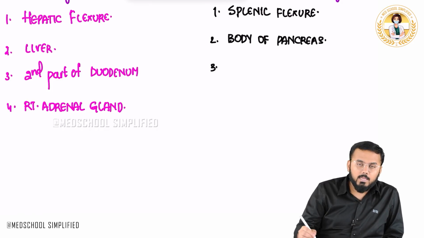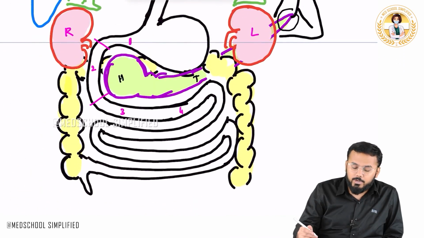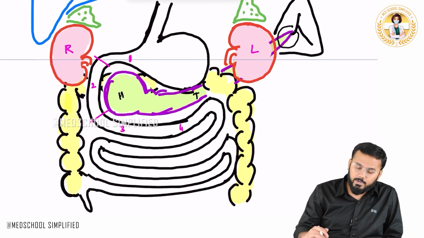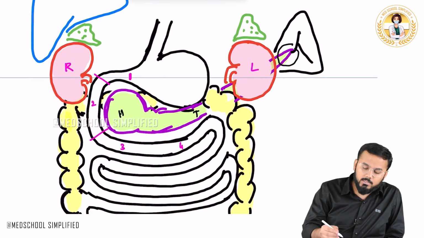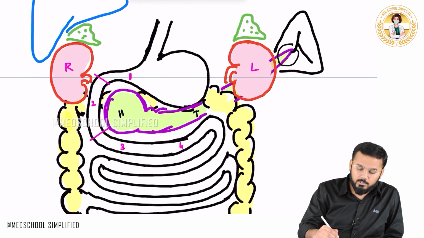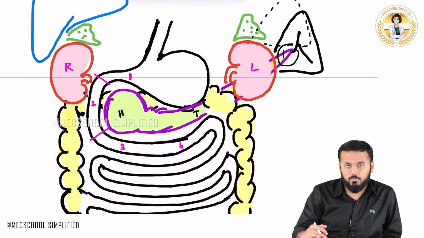Next, if you look at the spleen, guys, exactly speaking, the inferior surface of the spleen is in contact with the kidney. Actually, I have to draw the spleen a little bit above, here till here. If I draw the spleen here, then the inferior surface will be at the border of the left kidney.